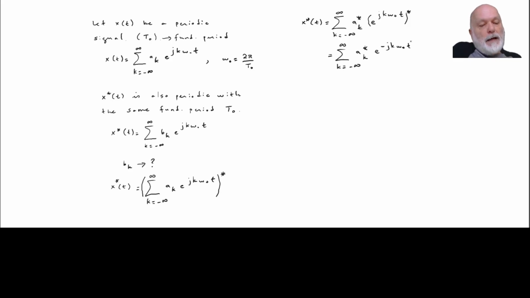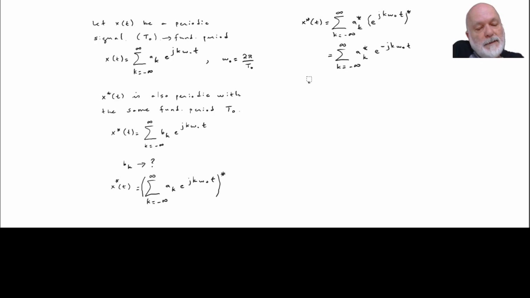Okay, now how can we continue after this step? Now, we see a series expression in terms of these complex exponentials with a negative sign in the exponent. So we have to get rid of that negative sign. So let us change the index as follows.